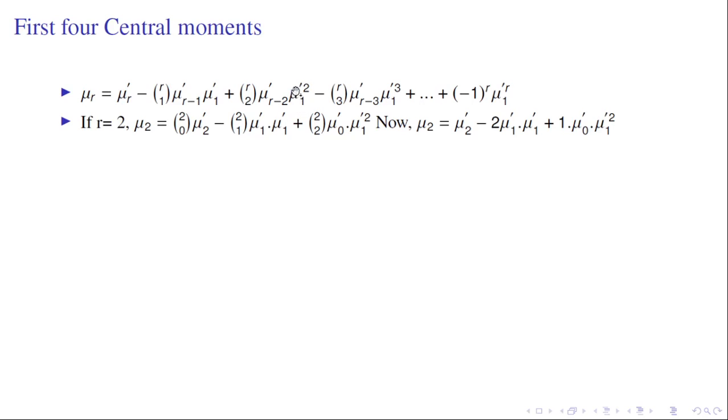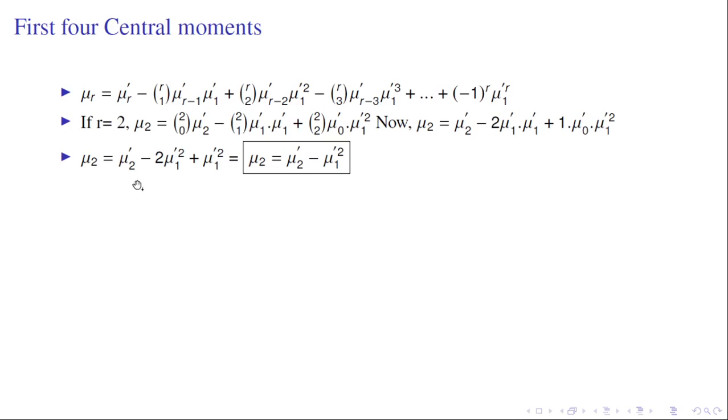Up to 3 terms; only 3 terms come. So mu 2 is equal to 1 into mu 2 dash, minus 2c1, 2, mu 1 dash into mu 1 dash, plus 2c2, 1, mu 0 dash nothing but 1, mu 1 dash whole square.